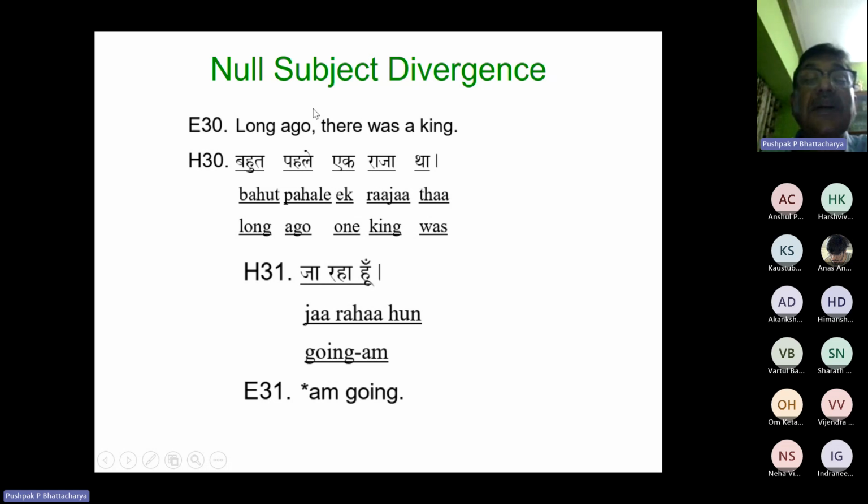So there is nothing corresponding to there in the Hindi sentence. So Hindi has given a null mapping for the English subject there. In Hindi, you can say जा रहा हूँ, where the subject is dropped. So this is a case of null subject. In English, you are not allowed to say am going. You have to say I am going. The subject needs to be mentioned. English doesn't allow any construction without a subject.